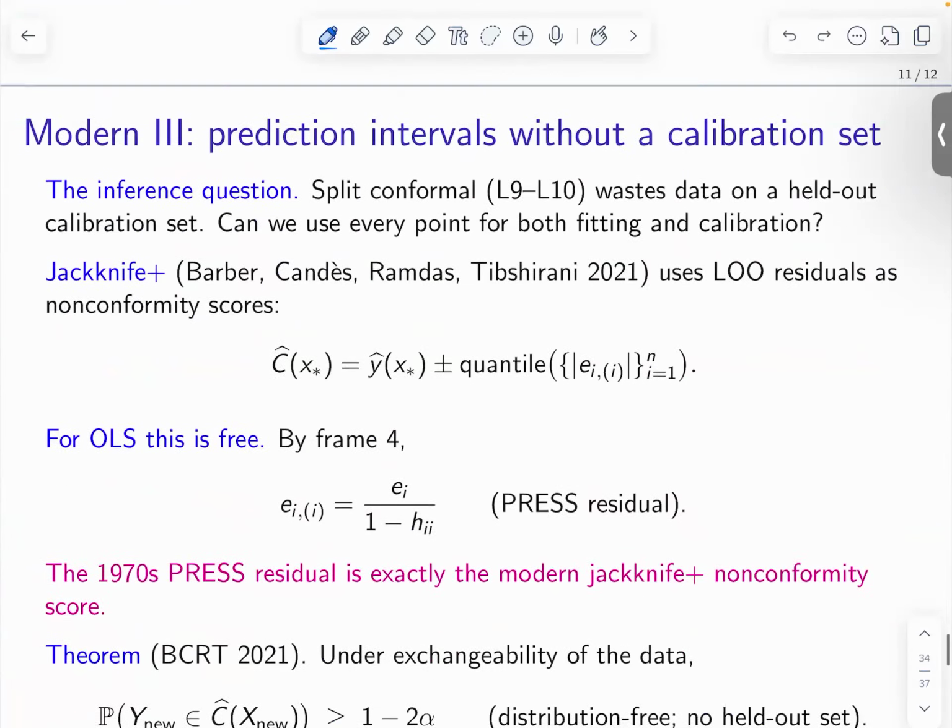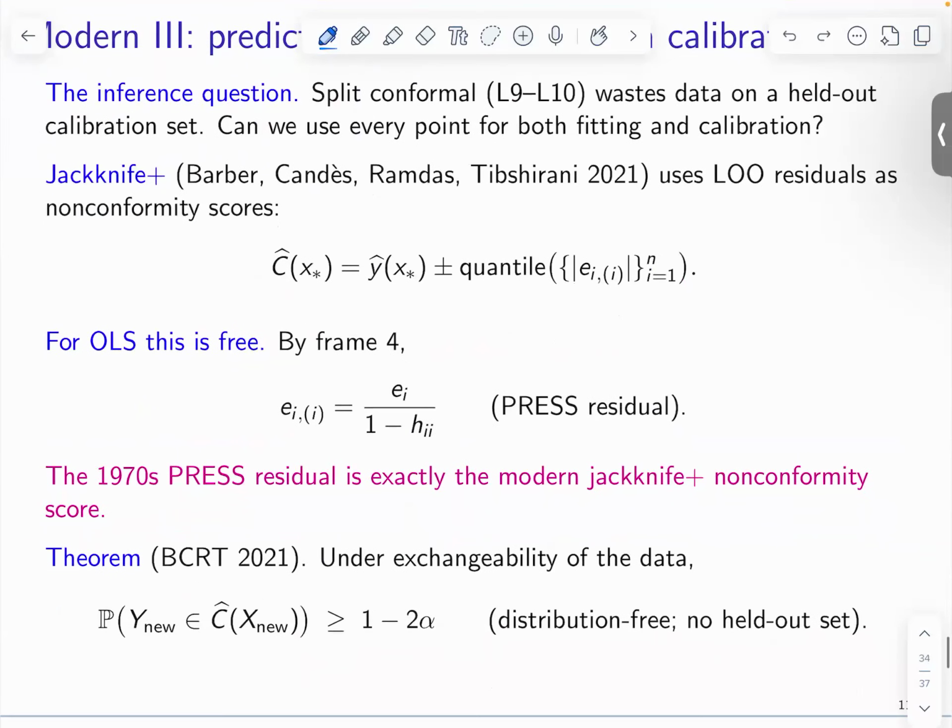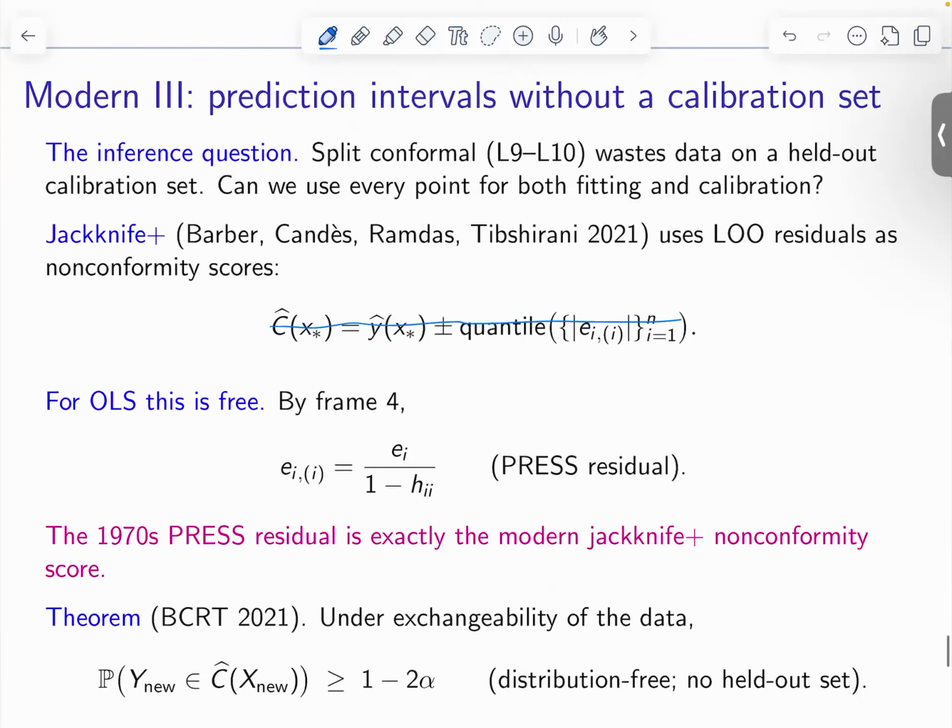The other thing that we can do here, and it's also not correct, I'll remove this, but just briefly mention: if you go back to conformal prediction, what we did was train the model on a part of the data and then calibrate on some other part.